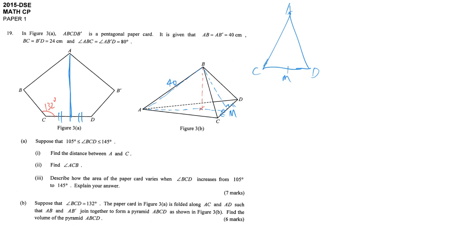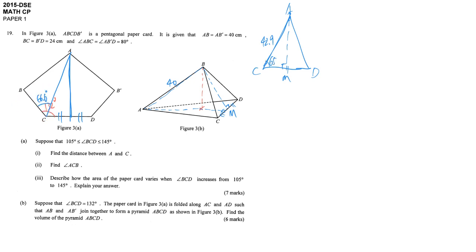We know AC. AC is 42.9, our part A answer. And then we have a right angle. And also, we can find angle ACD, because in this triangle we get 66.6 degrees. So in this specific case, we simply use 132 minus 66.6.